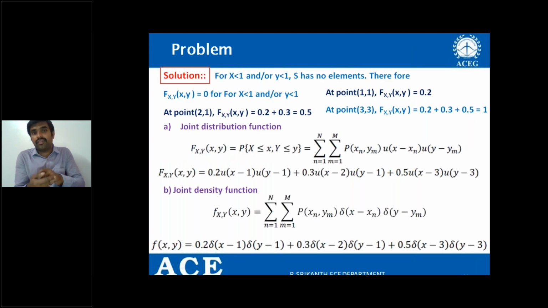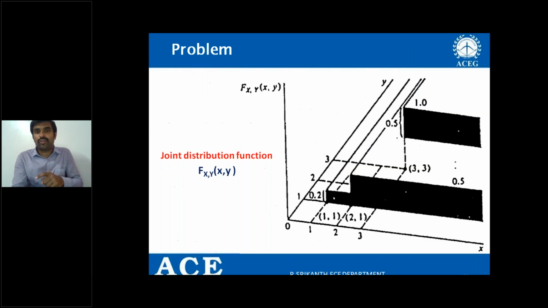At 1 comma 1, what is the value of distribution function? Just now we have seen the distribution function value at 1 comma 1 is 0.2. Therefore, at 1 comma 1, the distribution function along the vertical direction is going up by 0.2. That is, from the base, this particular point is up by 0.2, right? Just take a 3D view.